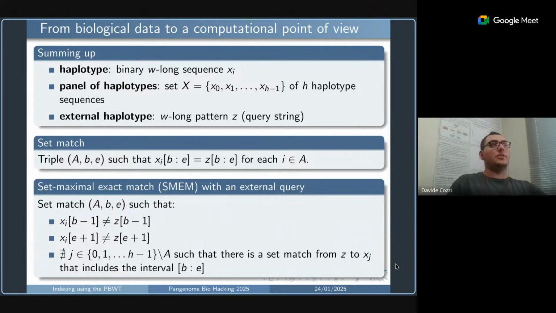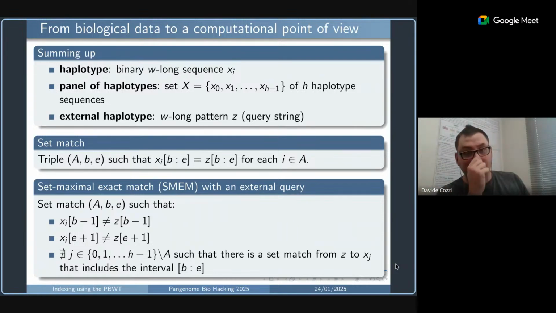To give a sort of abstraction of what a match is, we can define a set match as a triple A, B, E, where A is a set of haplotypes, and with this triple we represent a match between these two columns, B and E. Then we can define more strictly a set maximal exact match.